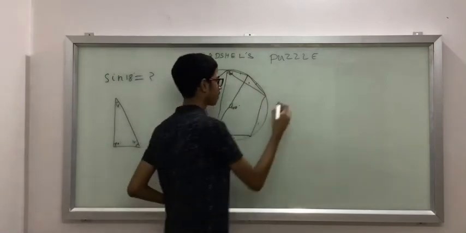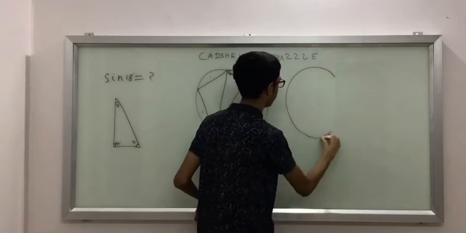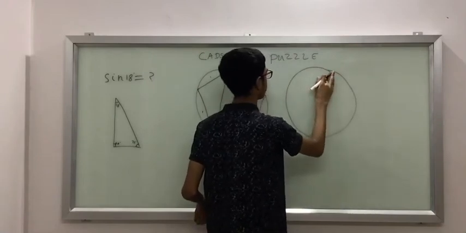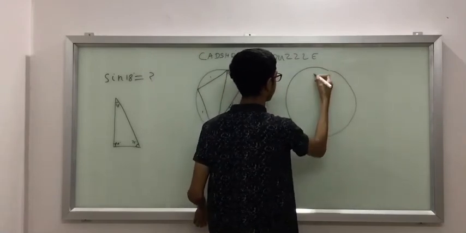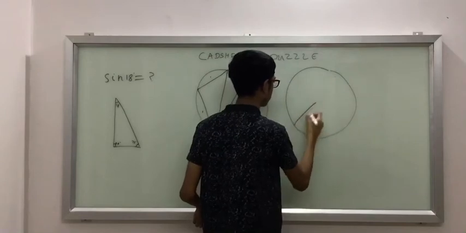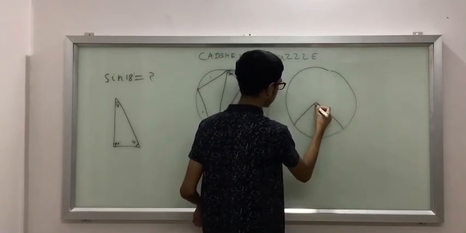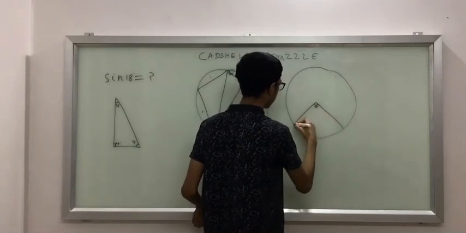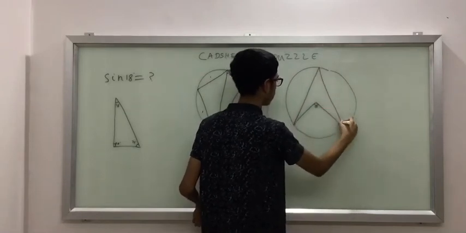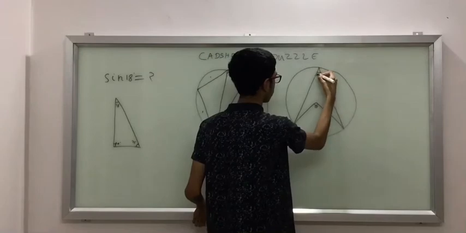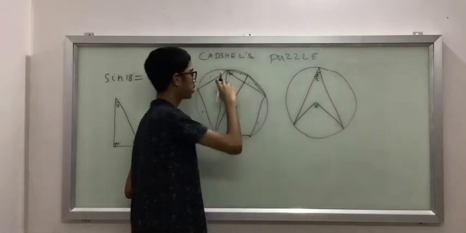The same thing in a circle: if the center angle is theta, then this will be theta by 2.